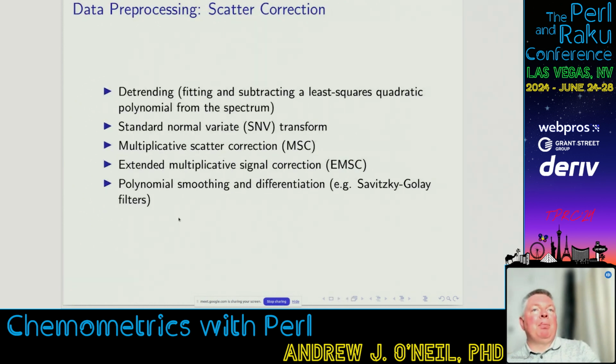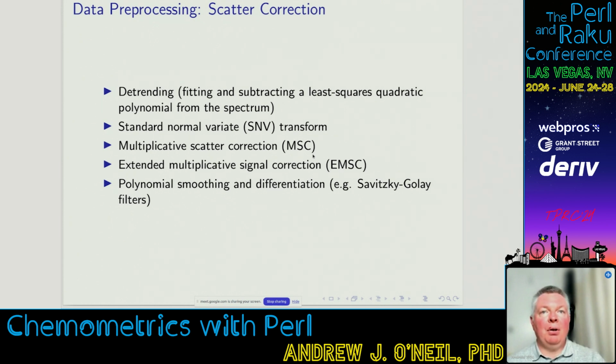For data pre-processing, to remove the curvature, and I will show a slide with some NIR spectra on, because those baselines tend to be curved, there are different mathematical algorithms applied to remove the curvature. So we have what's called detrending, which involves fitting a quadratic polynomial and subtracting that away.